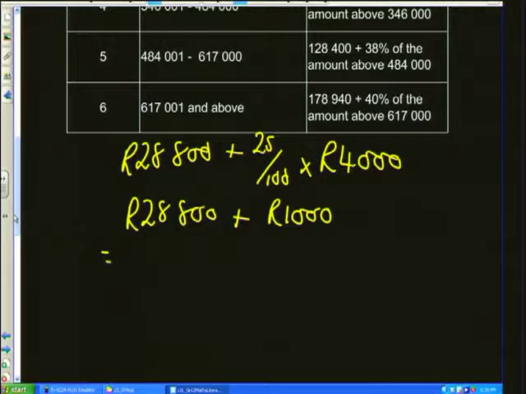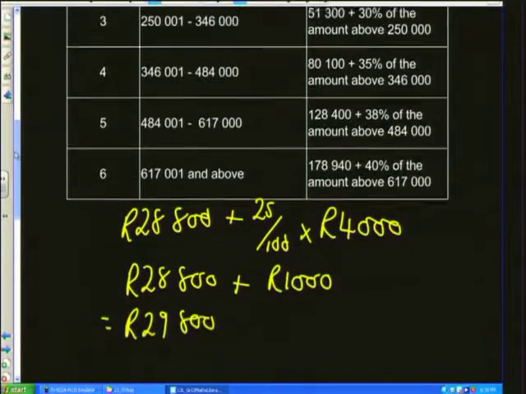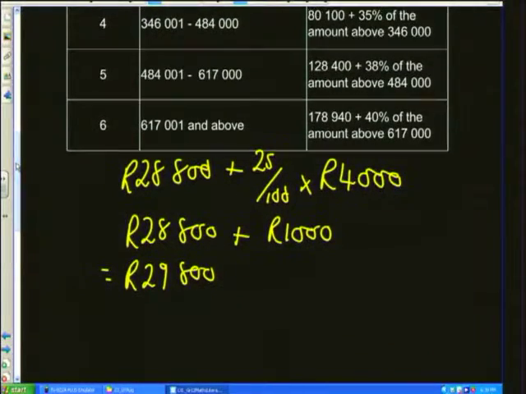Add those up, and we get an amount of 29,800 rand. Okay, so that's the tax we've got to pay, but, oops, it's not here. I've made a terrible error. You've got to subtract the rebate.